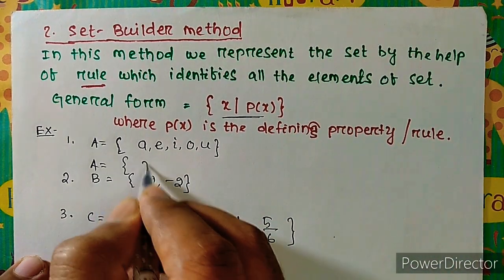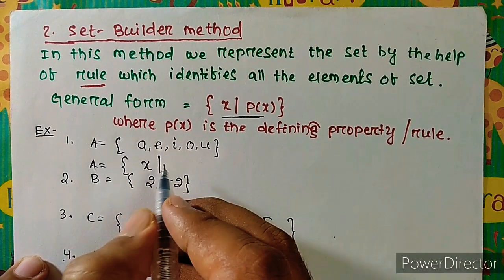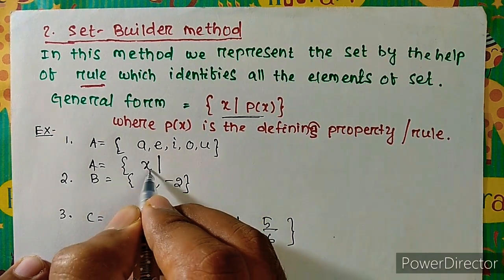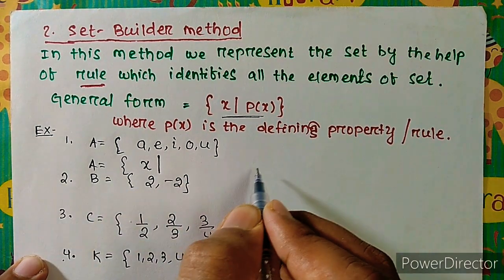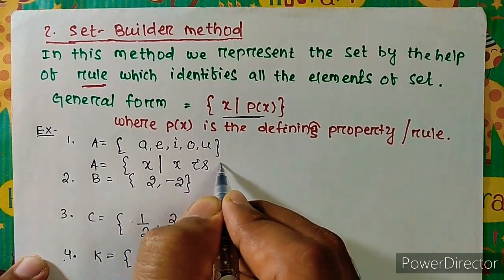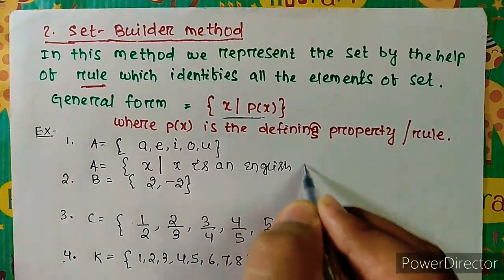So I will write the answer like x such that, with a bar. These are the English vowels. x such that, and now we will write the rule. What is that rule? That x is an English vowel.